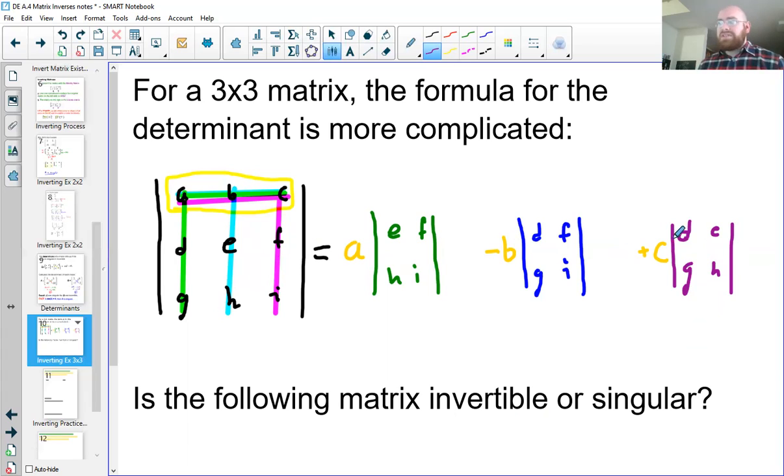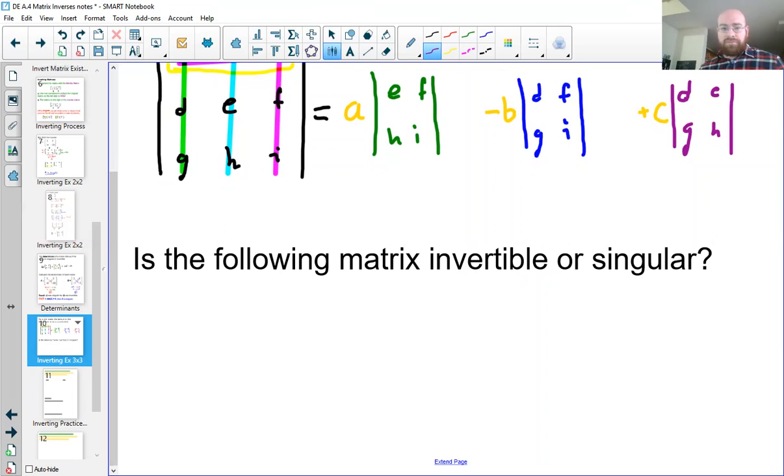So this requires simplification, and it can be a lot of work, but it's also still a lot less work than trying to invert a 3x3 matrix only to find out it's singular.